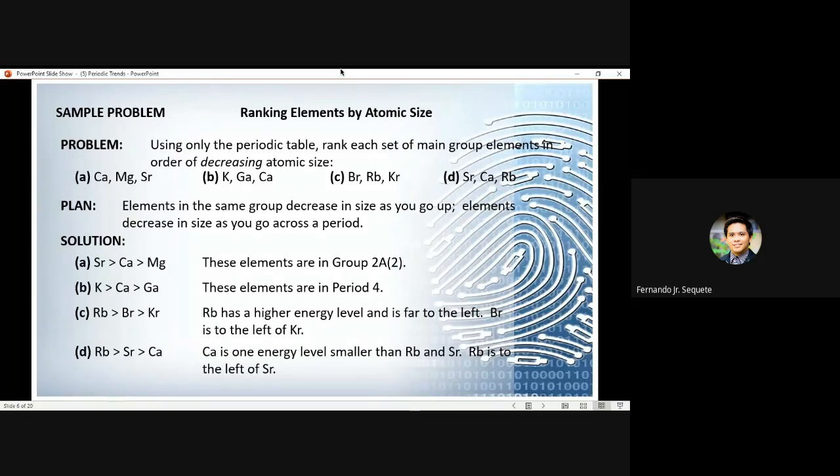Tingnan natin yan sa ating periodic table. According to here, we have to arrange it in decreasing atomic size. Ibig sabihin, magsisimula tayo sa SR is greater than calcium. Therefore, when we say decreasing, ano yung dapat nasa unahan?